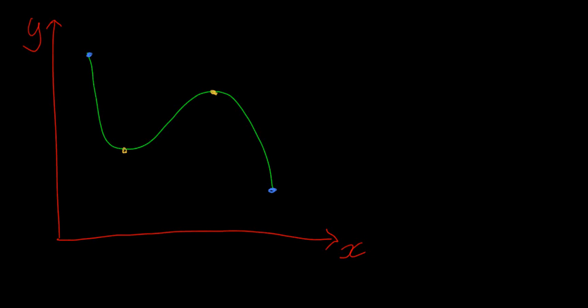So I'm just going to do a bit of labeling here. If we have point A up here, then this is what we call an absolute maximum, just say absolute max.